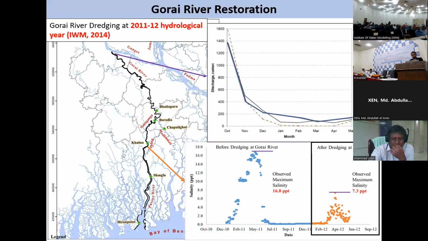After dredging, the blue line is the flow of Gorai River after dredging. After Gorai River dredging, the flow is increased by 100 cubic, and the salinity at Ruksha River is decreased from 16.8 ppt to 7.3 ppt. And this is based on observed data.